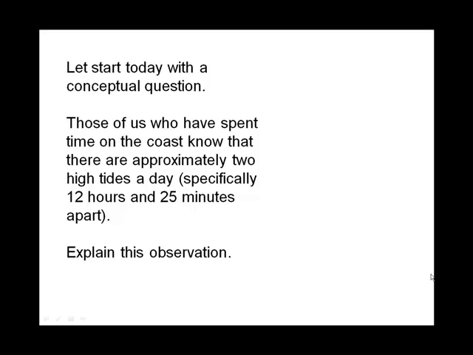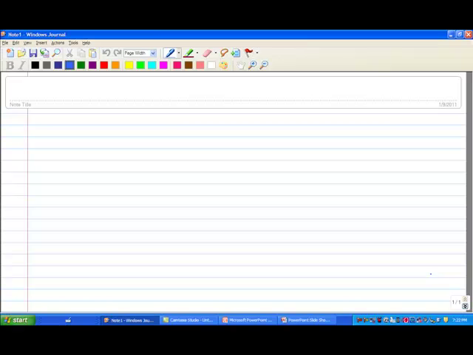Okay, so we've got a problem. We're trying to figure out how these 2 high tides happen each day. First thing we're going to do is, of course, draw a picture. So what we have in this picture is an Earth. And probably sometime in your education you've learned that it is the moon that creates the tides.